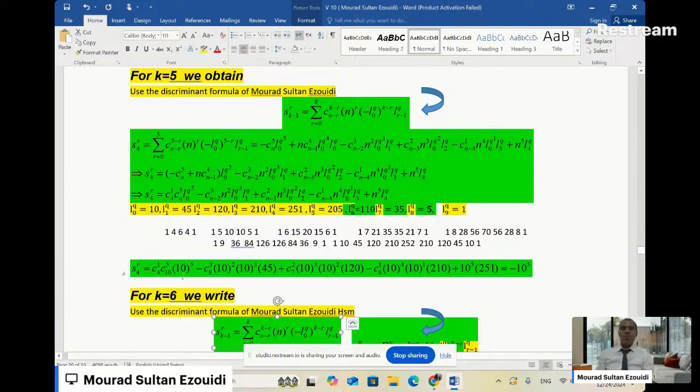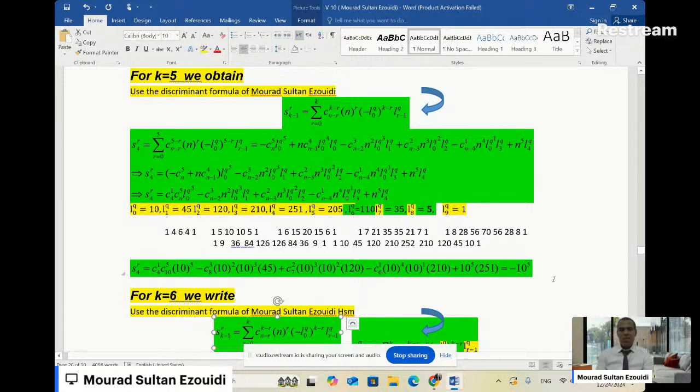So here you are doing substitution. You will substitute L0 with 10, L1 with 45, L2 with 120, L3 with 210, and L4 with 251. Then you will obtain that this is equal to negative 10 raised to the power 5, simply because you can see 10 raised to the power 4 times 10 raised to the power 1 is a common factor of all the terms.